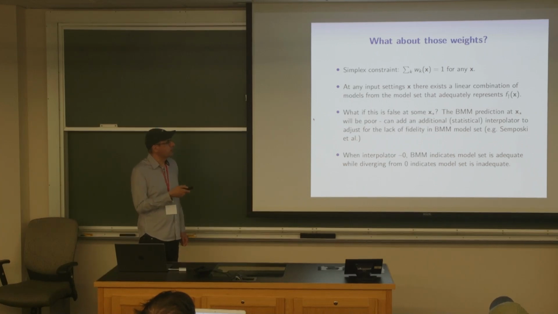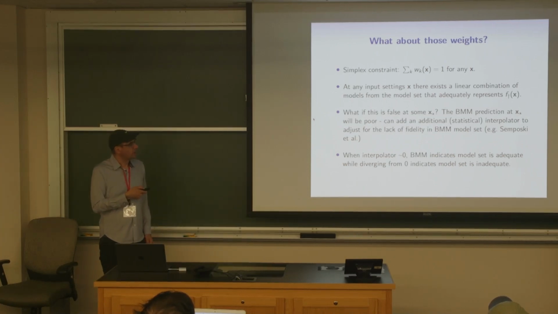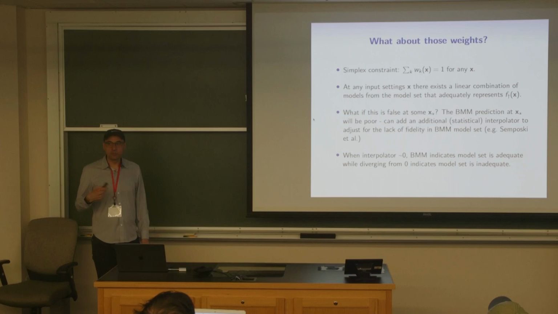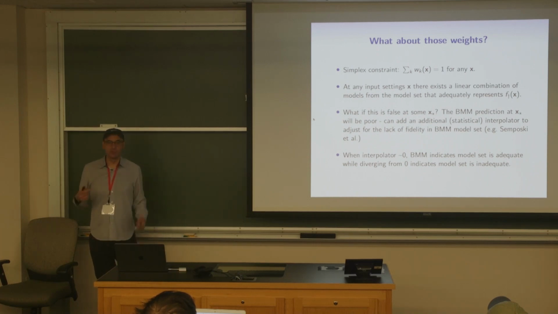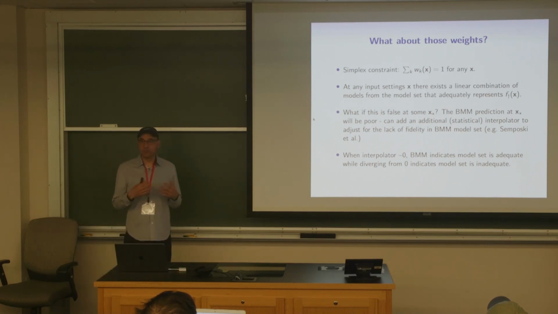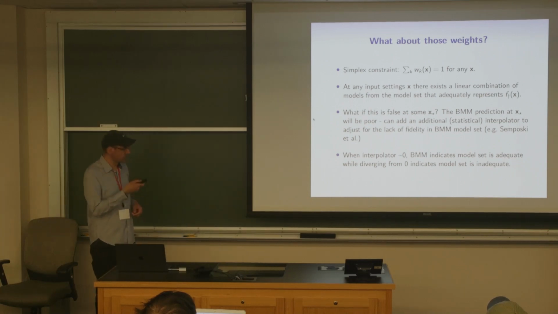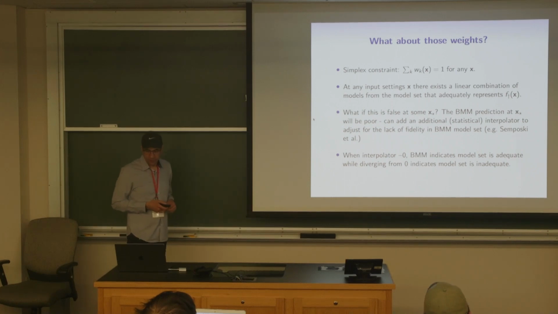In that case, you might think of adding an additional statistical model or statistical interpolator to adjust for the lack of fidelity of your physics models to reality. So it's going to fill in where your physics models miss. This is the approach taken in Alexandra's work.